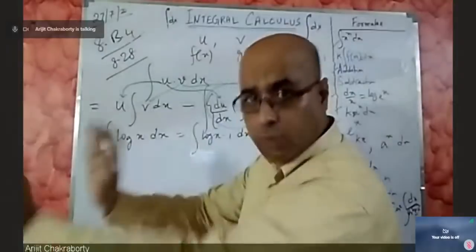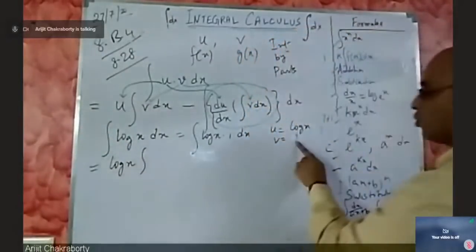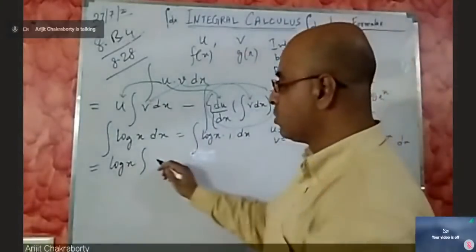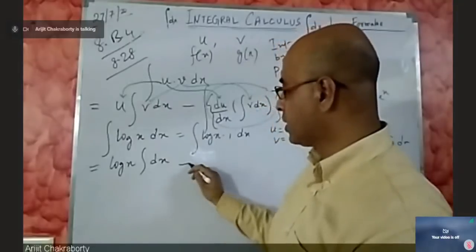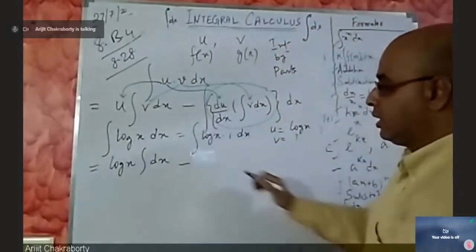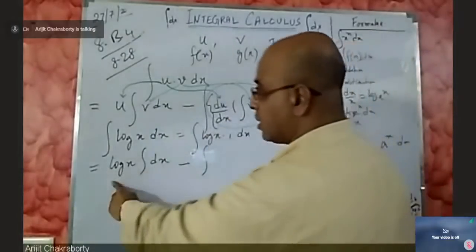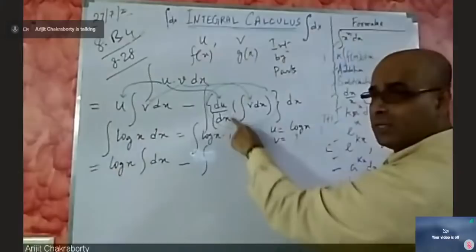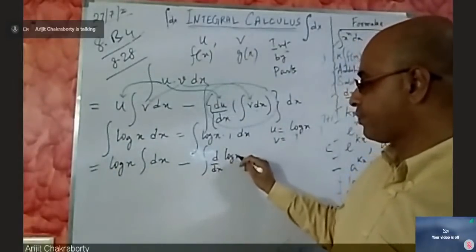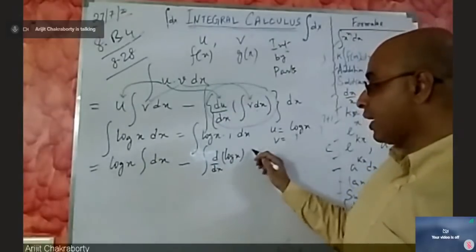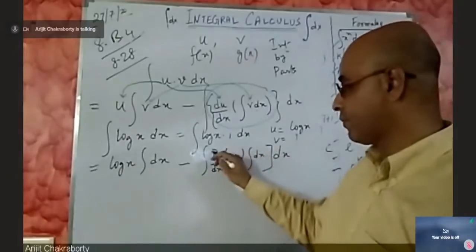I write log x outside and I take up 1. 1 means it will be only dx. Fine? Minus. This minus sign comes here. Now I do the differentiation of log x. Log x is u and you have to carry out du by dx. So d by dx of log x multiplied by the integral of 1 dx, and the whole will be integrated.